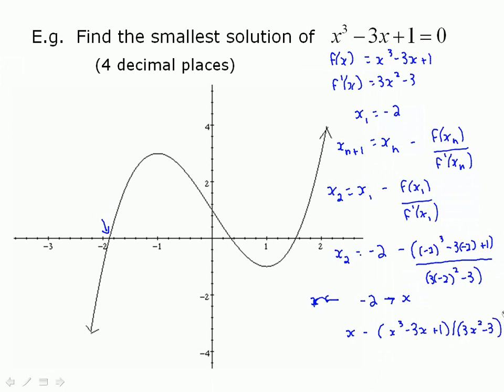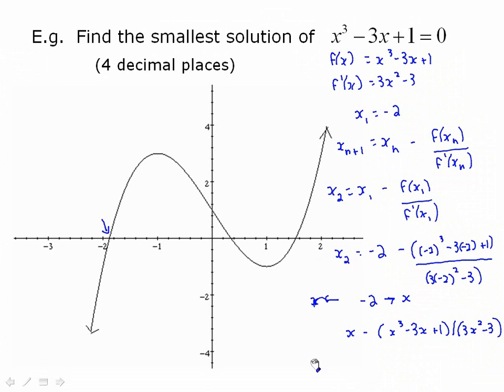So you don't need to worry about any of those negatives. So x minus, open bracket, x to the exponent of 3 minus 3x plus 1, divided by, open bracket, 3x squared minus 3.